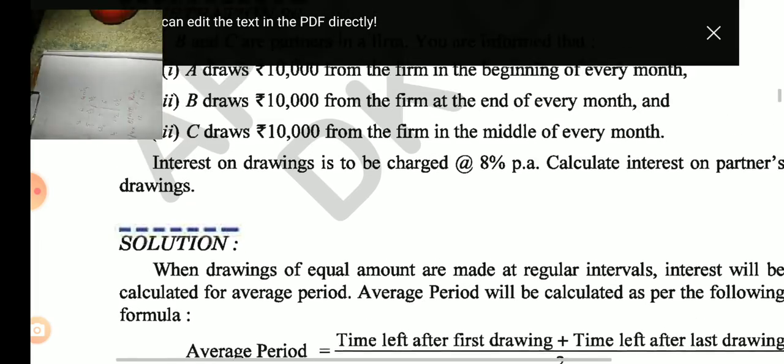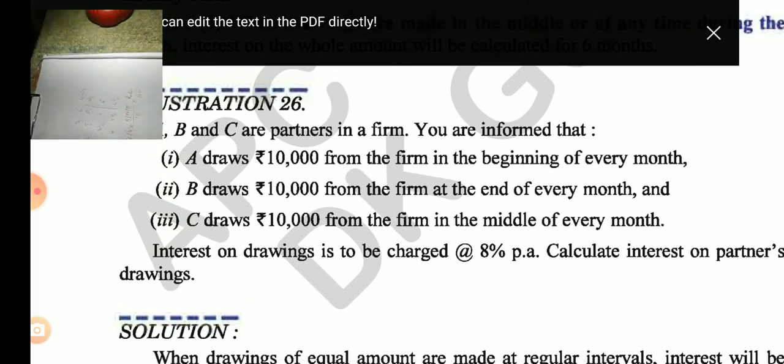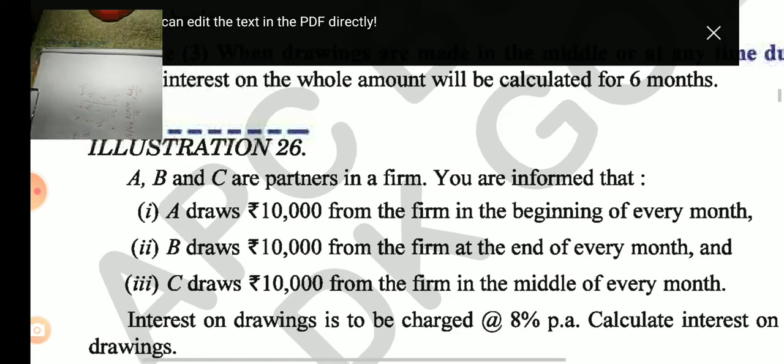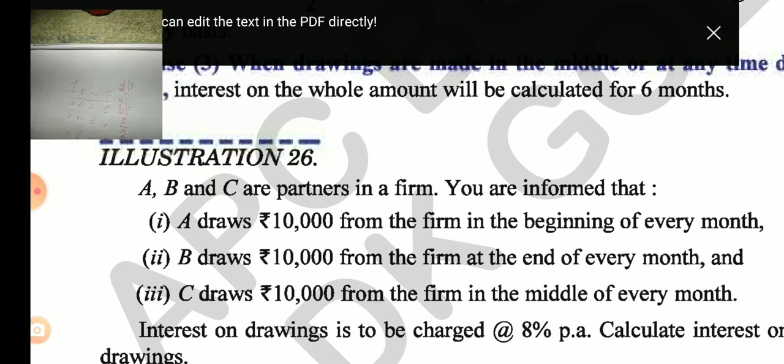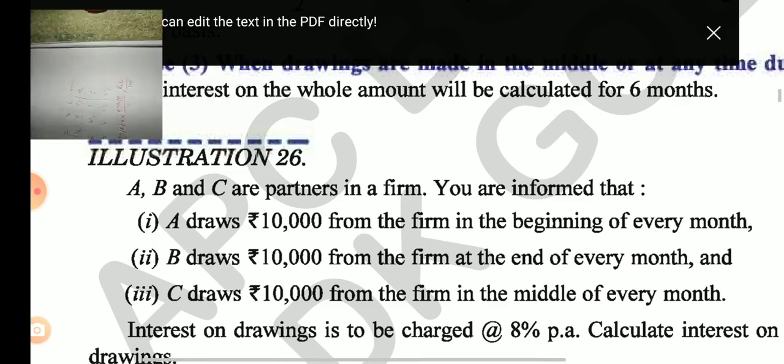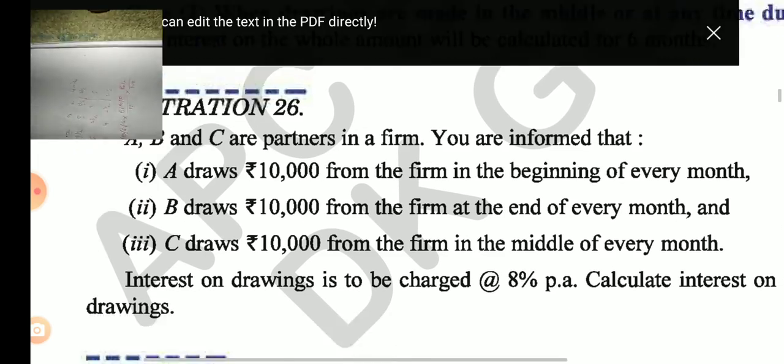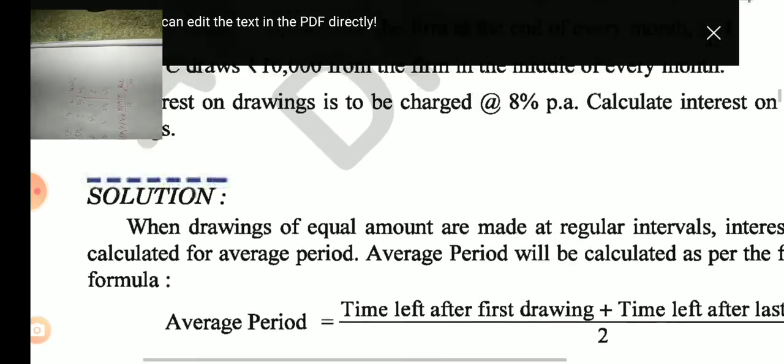Just see one question. This is question 26 illustration. A draws 10,000 at the beginning of every month for the 12 month.